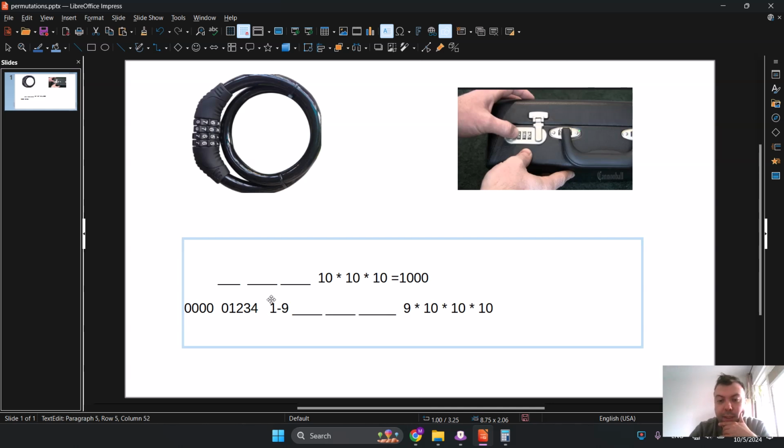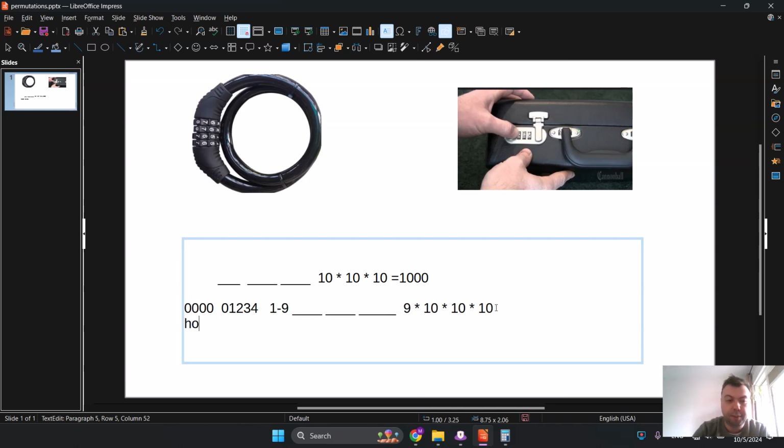That's why if you ask me how many 4-digit numbers there are, the answer is 9,000, not 10,000 like combinations in this lock, because we have fewer possibilities in the first digit, but the others can still be 10 different digits.